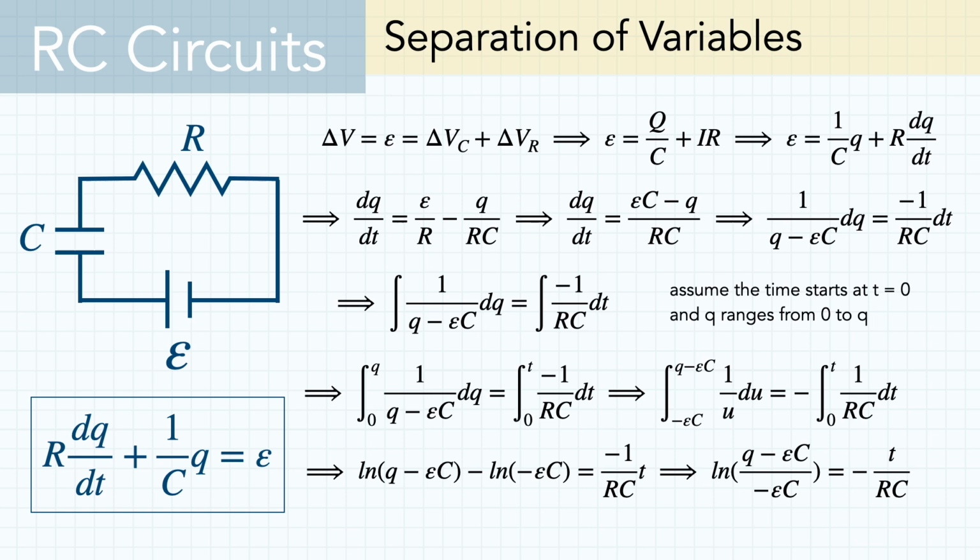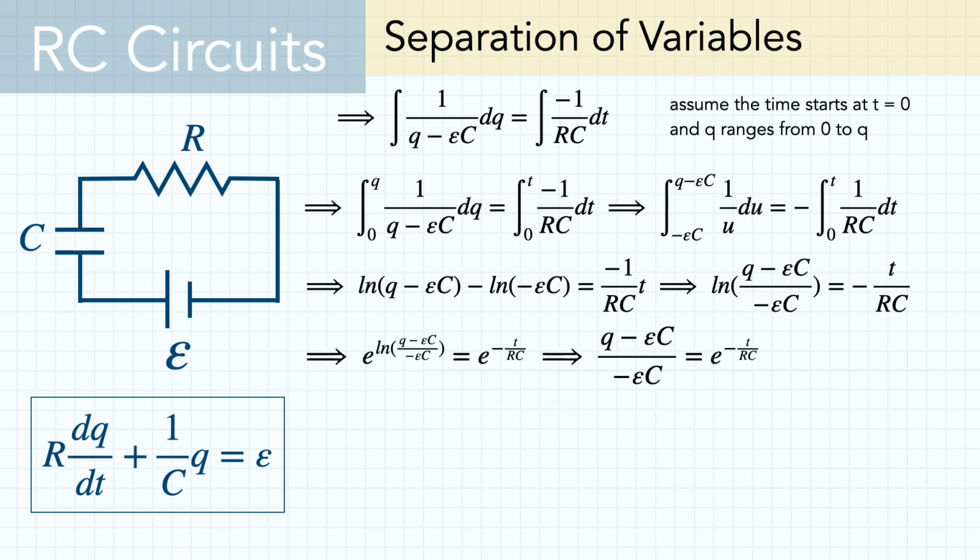By solving that integral, we'll get natural log of Q minus epsilon C minus natural log of negative epsilon C, which can be condensed using the property of logs, and then both sides can be raised to the power of e to get rid of the natural log, and then we will be left with a factor e to the negative t over RC, and then we just use algebra to isolate q, and this gives us a function that q of t equals epsilon C times, in parentheses, 1 minus e to the negative t over RC.